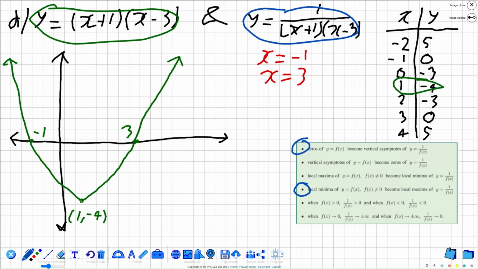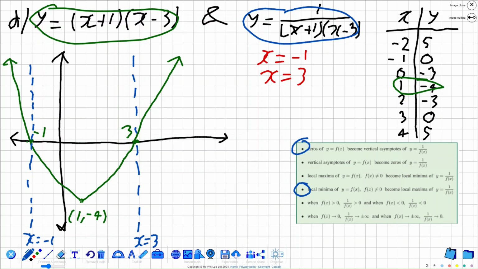These are one of my favorites and easiest parts. We can just draw some vertical asymptotes, making sure we label these along there. And then the local minimum will become a local maximum.